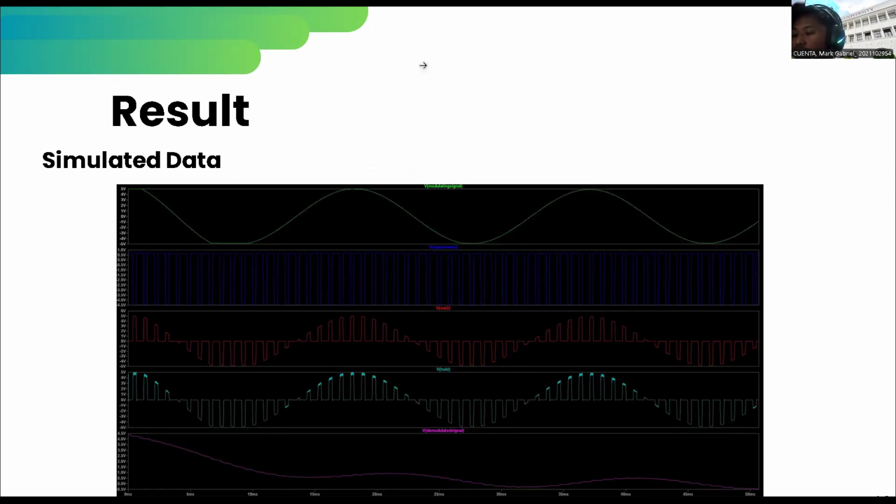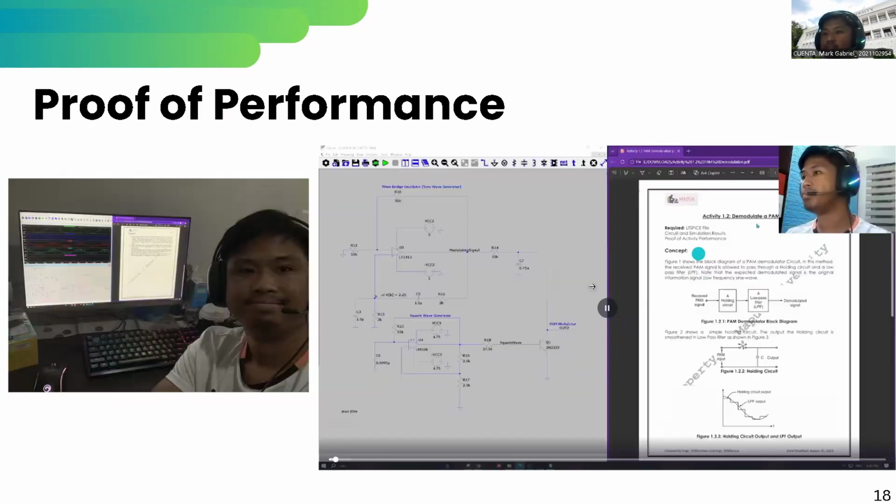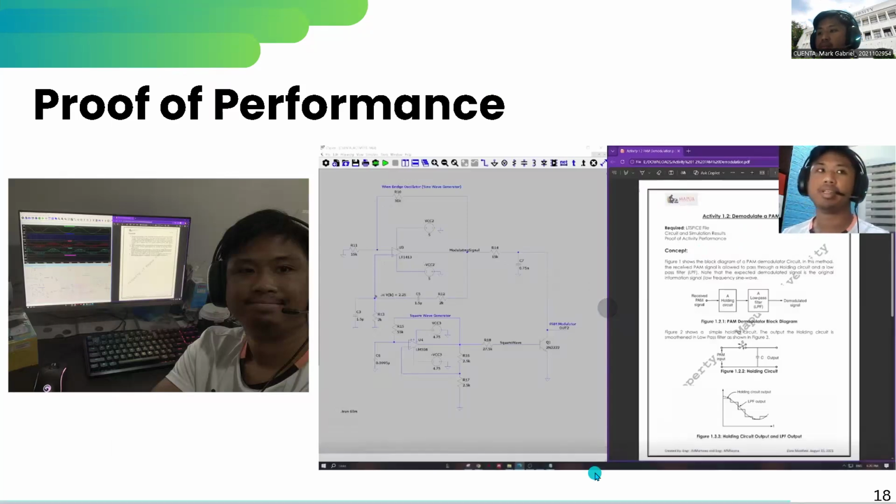Lastly, the final waveform shows the recovered analog output after the filtering and smoothing, where the transitions are removed and the signal resembles the original sinusoidal modulating input, showing successful demodulation. So this is the proper performance of the PAM demodulation circuit.